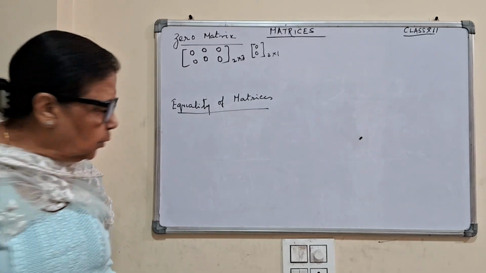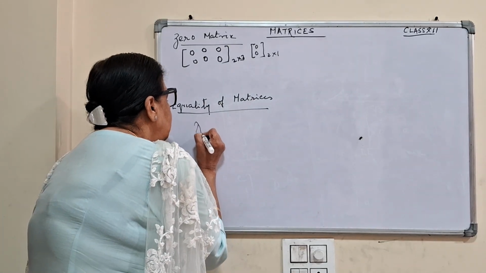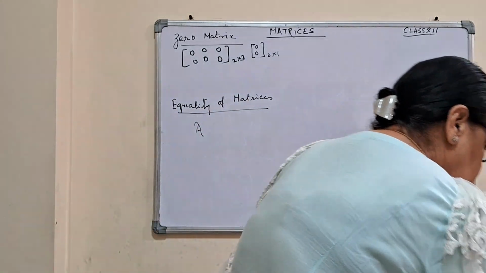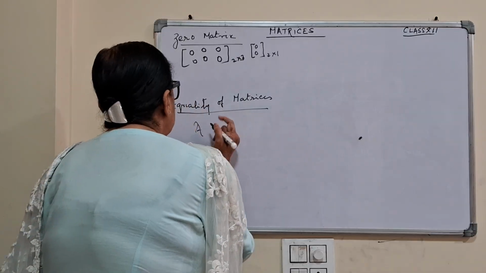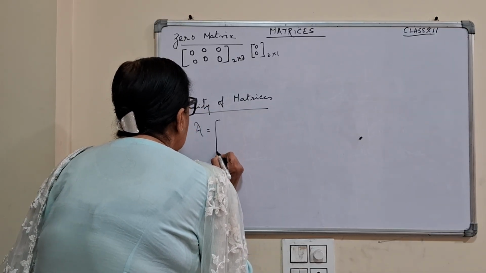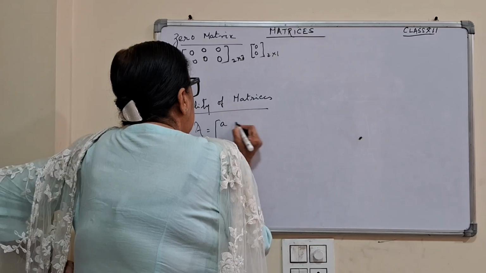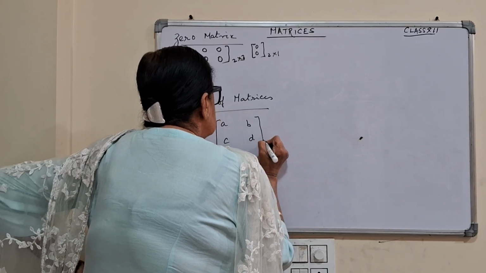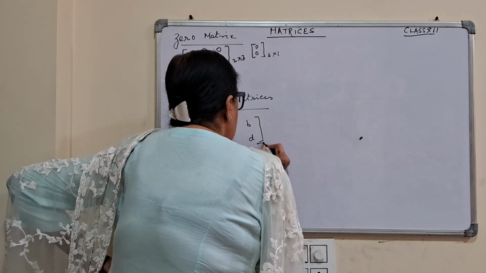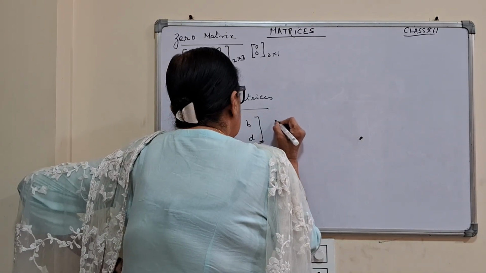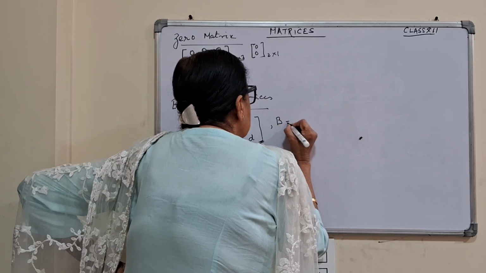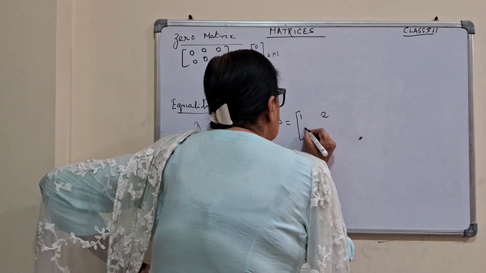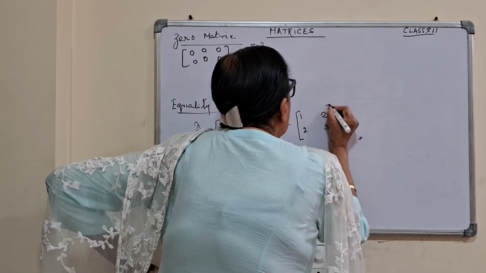Suppose A is a matrix with A, B, C, D, and B is another matrix, 1, 2, 2, 3.